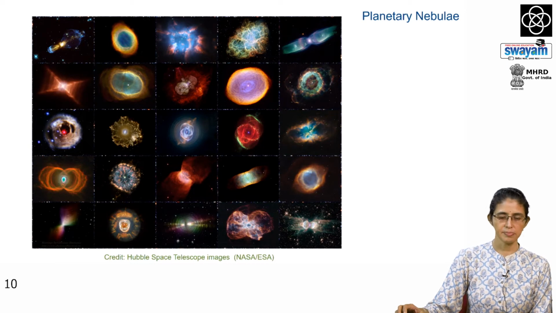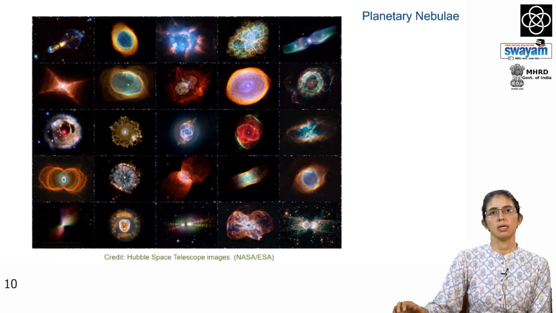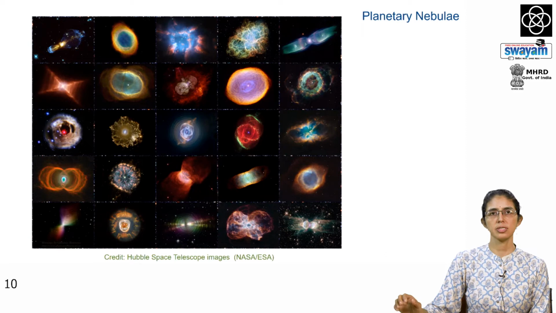One can see that they have very symmetric structures, and the color hue indicates the different species of ions that are found in those regions around the nebula. Most of these planetary nebulae are also found to have a dot at the center, which is the white dwarf that has been imaged at the center of the planetary nebula.